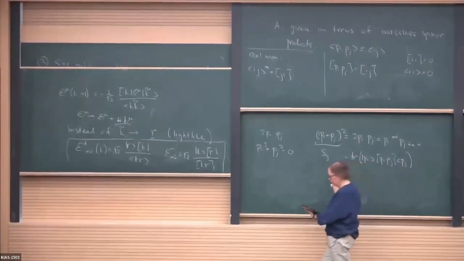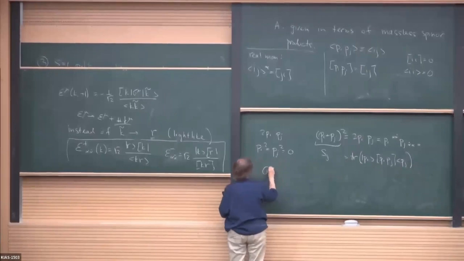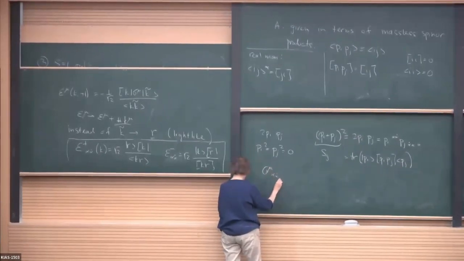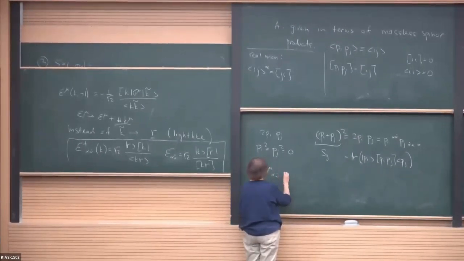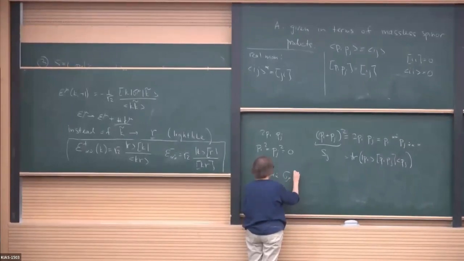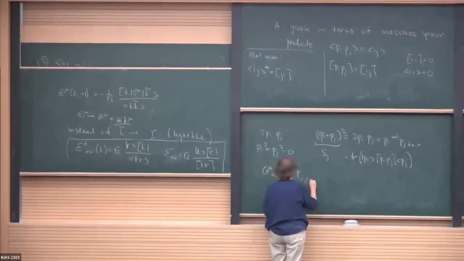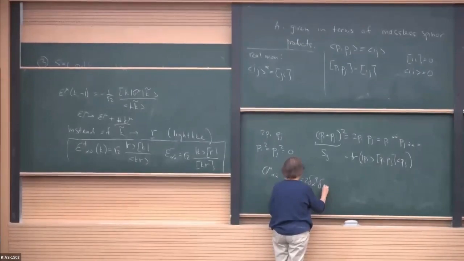And what I used here is the fact that sigma mu alpha alpha dot sigma mu beta dot beta is equal to 2 delta alpha beta delta alpha dot beta dot.